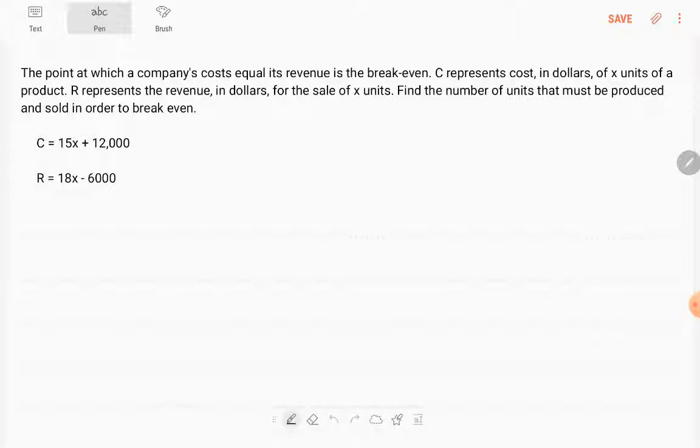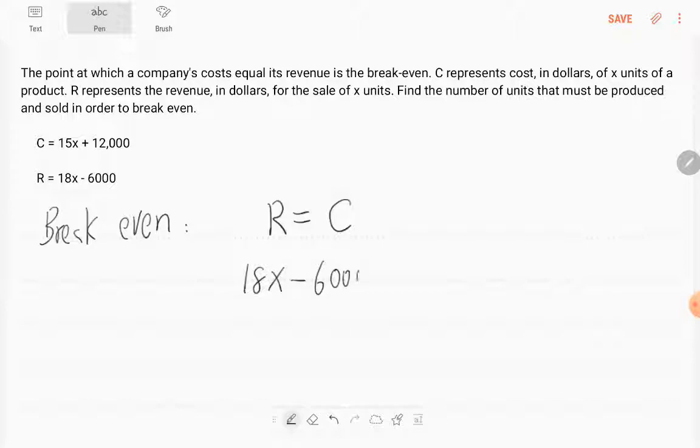Okay, so the break even. When you see this word, that means the revenue is equal to the cost. So in other words, 18x minus 6,000 is equal to 15x plus 12,000.